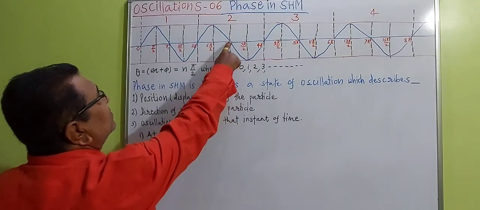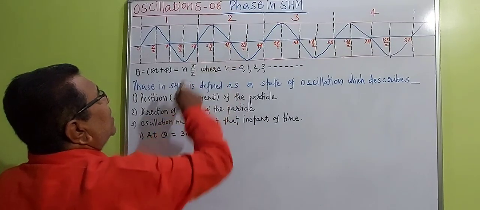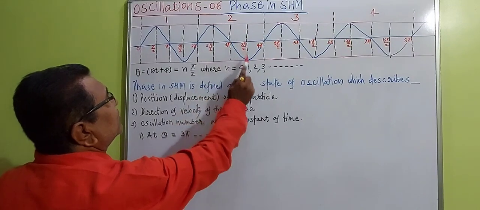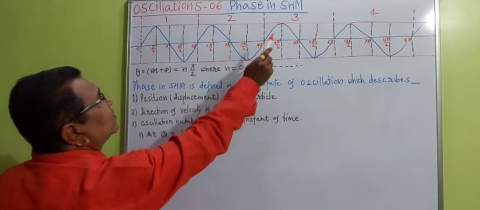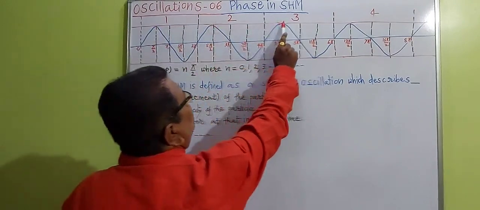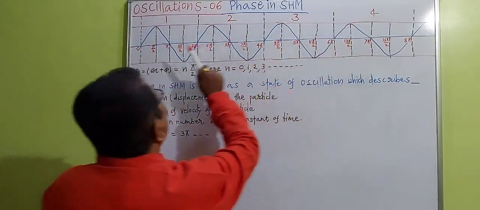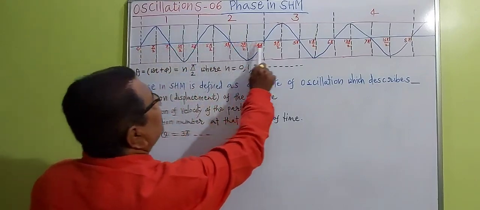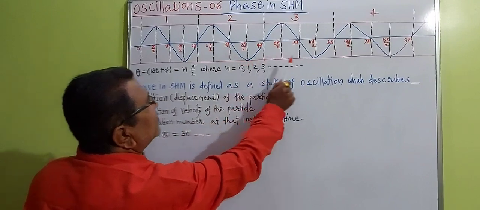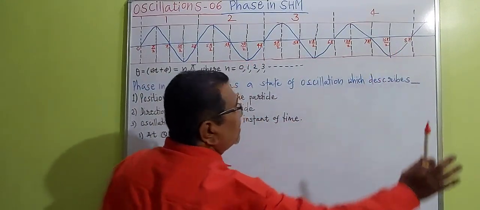See here, at theta equal to 3 pi, the particle is at mean position. This is mean position. This is negative extreme. This is positive extreme. All these are mean positions of the particle, and these are negative extremes.